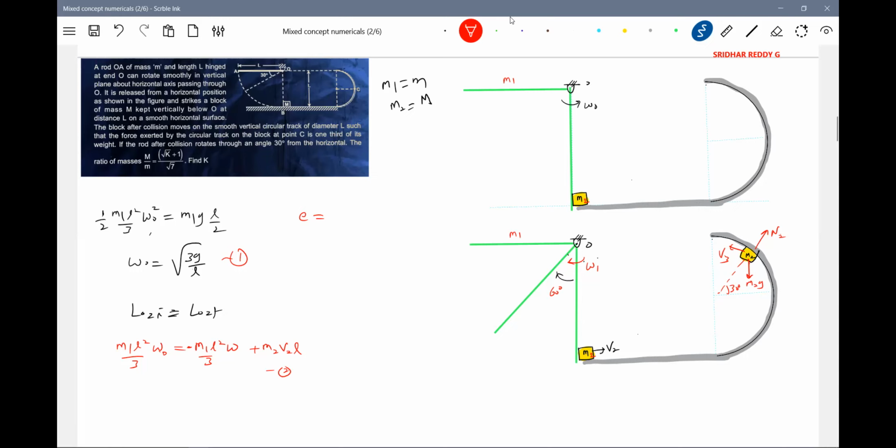The block after collision moves on a smooth vertical circular track. We didn't say anything about the collision type. Okay, we'll see further. So e equals v2 minus L omega 1, over L omega naught minus 0.